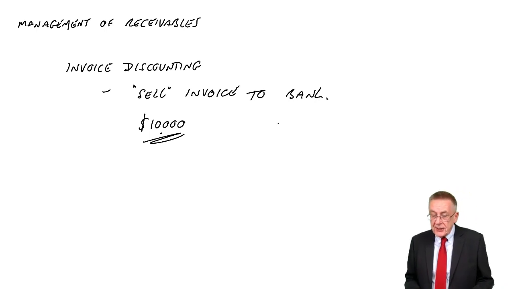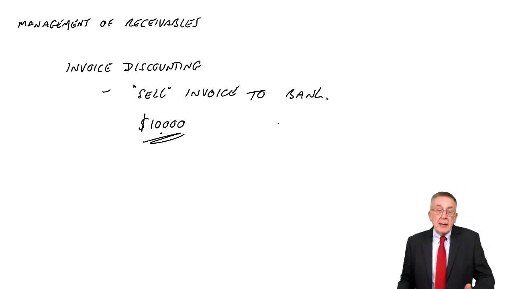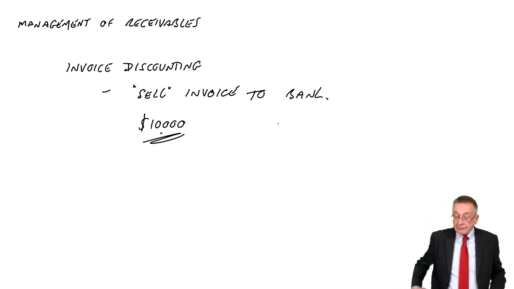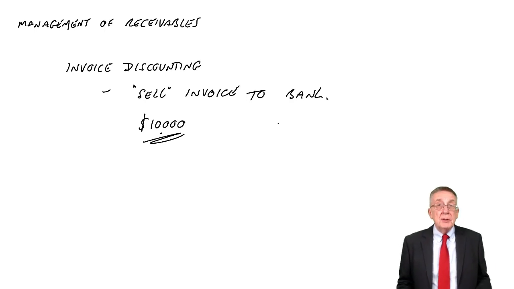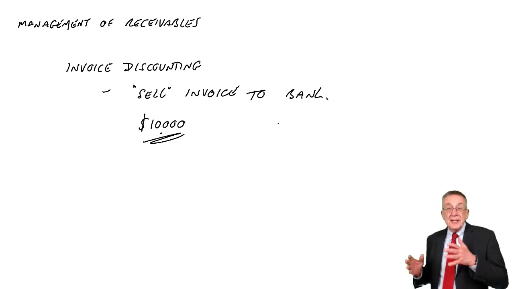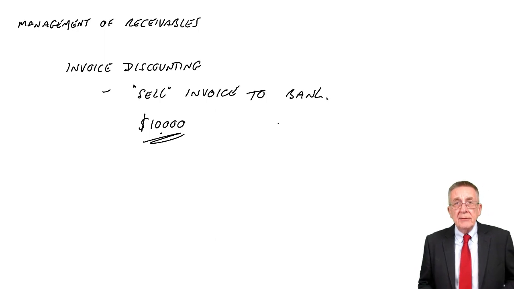We've got a big expense today, and I need some cash. I could ring up the customer and explain and say, could you possibly pay earlier? But another thing you can do as a way of getting the cash would be to take that invoice to the bank, and effectively they would lend you money on the invoice.